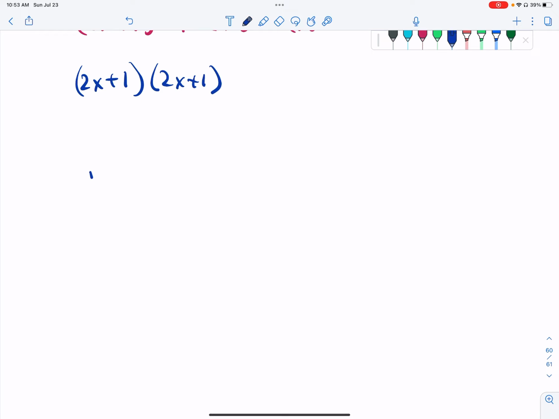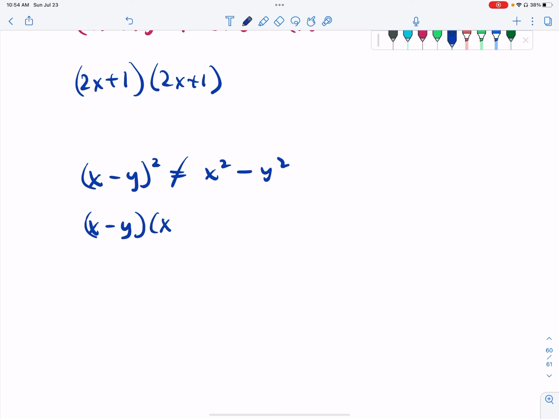So x minus y squared, remember, is not equal to x squared minus y squared. Nope. In general, that is not the case. So what you want to do instead is rewrite this as x minus y, times x minus y, and then just use your foiling: first, outside, inside, last, in order to get what that expanded quadratic expression is supposed to be.